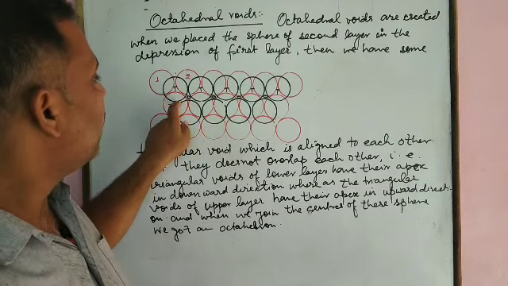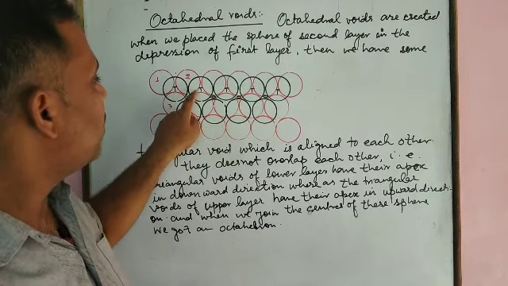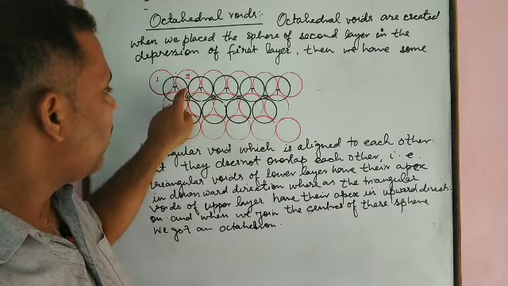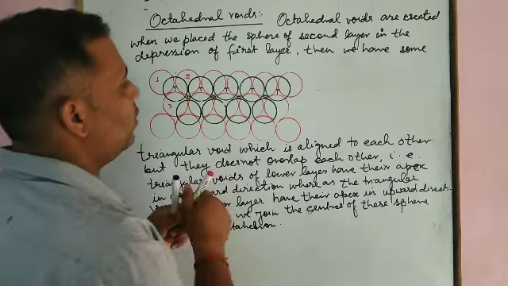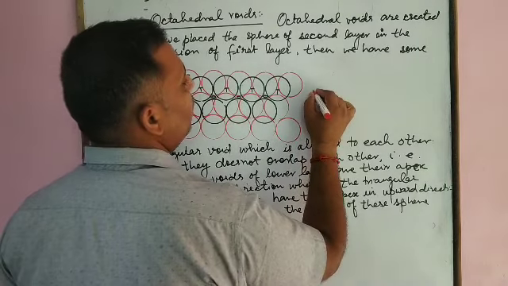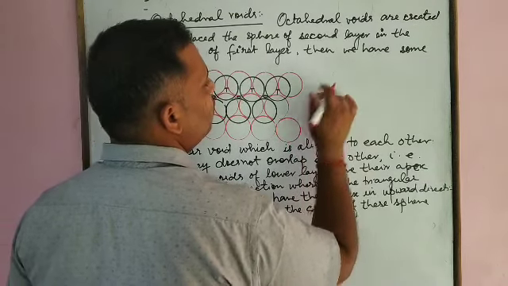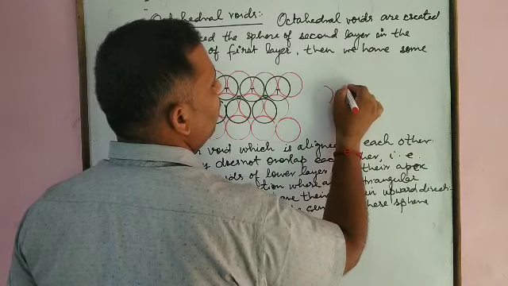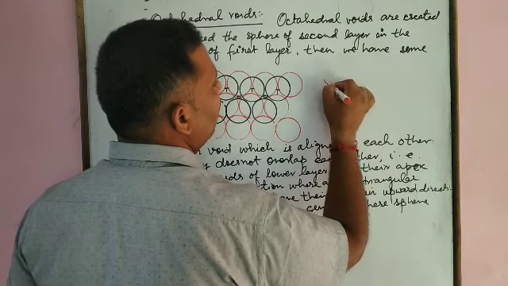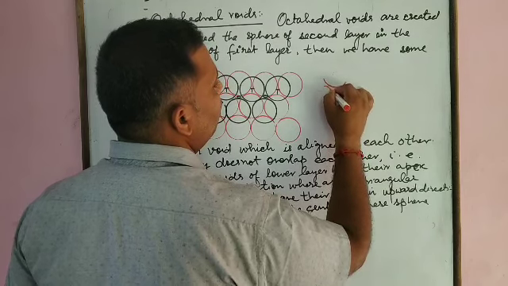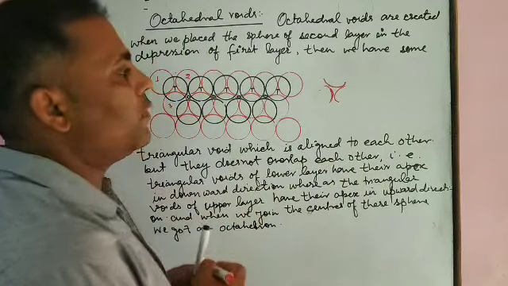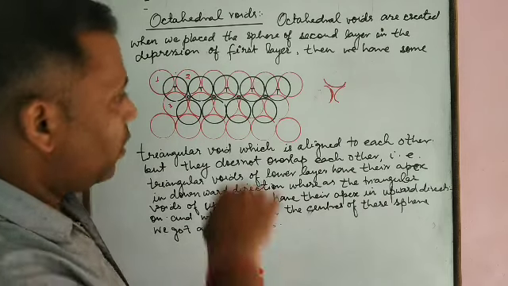Why? Because the triangular voids of the lower layer have their apex in the downward direction, and let us see here, this one is the triangular void of the first layer having its apex in the downward direction.